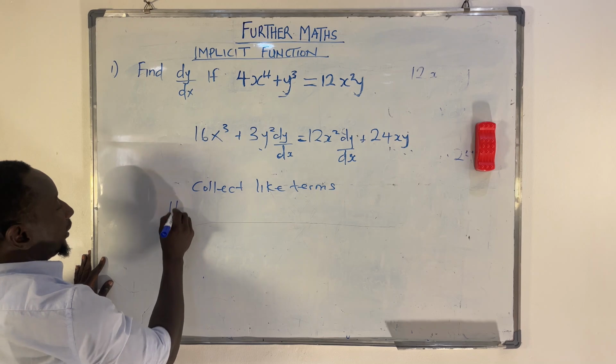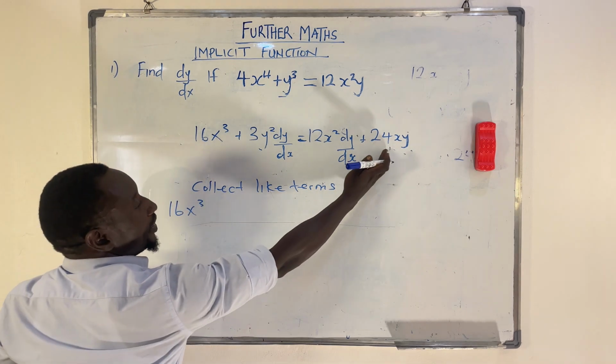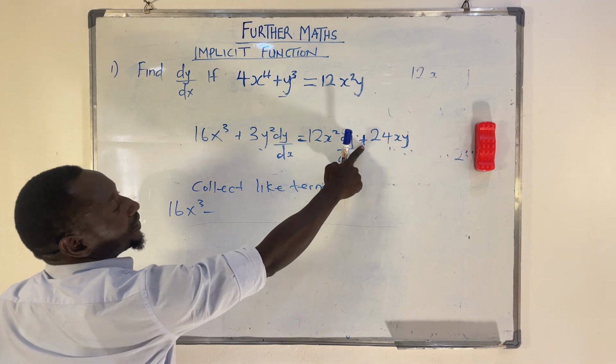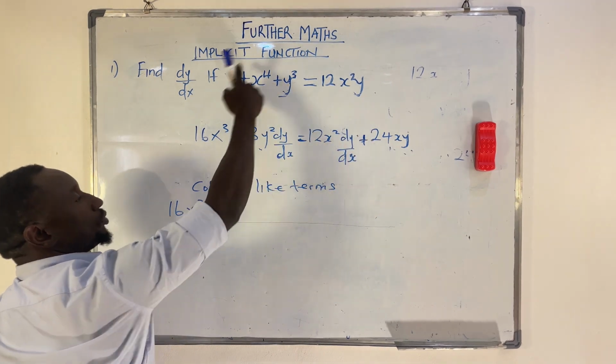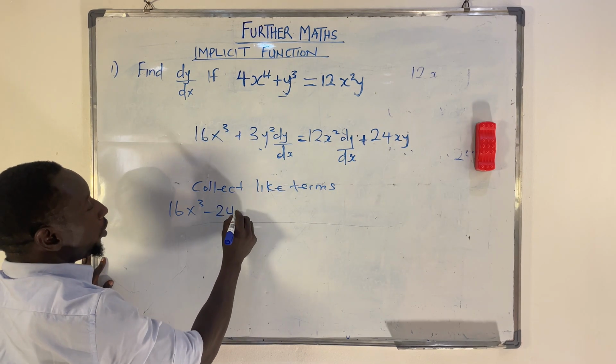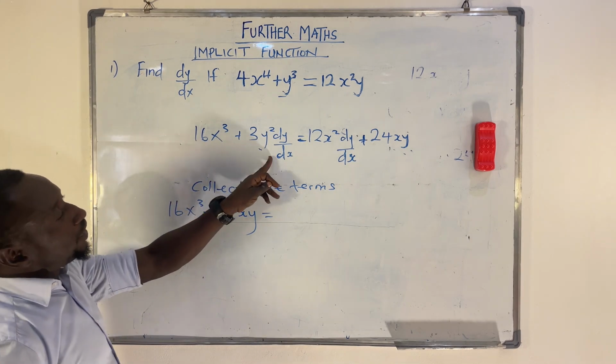So I have 16x cubed on the left-hand side. I'm bringing this to this side. So I have minus, and remember, whenever this is plus, when this is transposed, it changes to minus. So you have 24xy. Now I'm taking this to the other side.